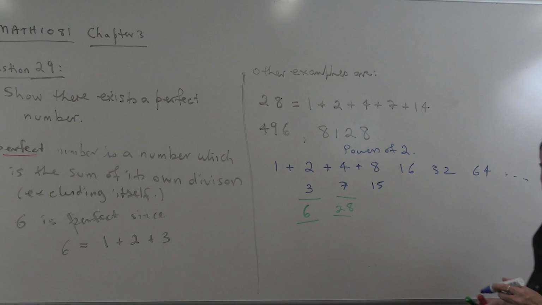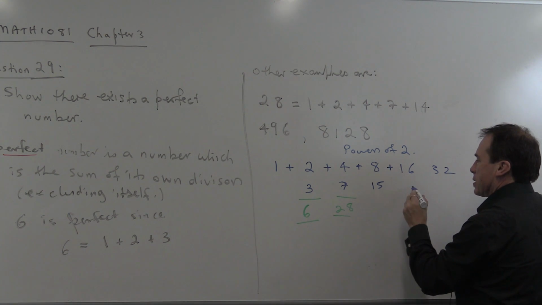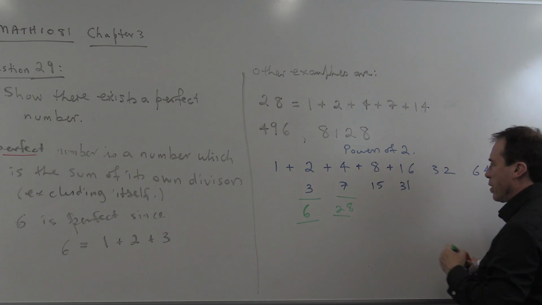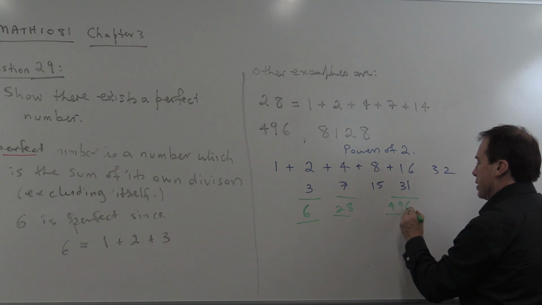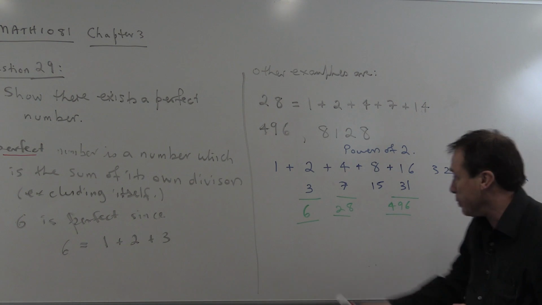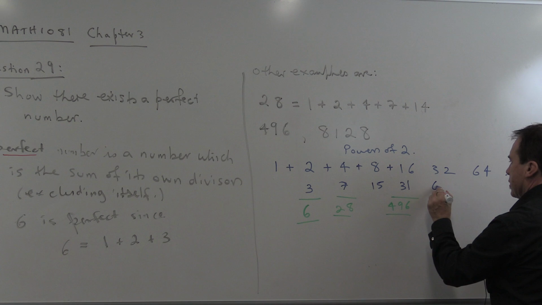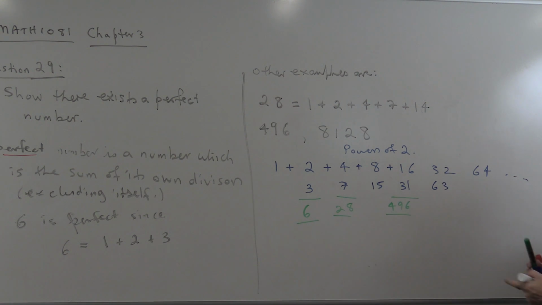Anyway, as often in maths, persevere. So let's try the next one. So 16 plus 15 is 31. And indeed, if I multiply 31 by 16, I get 496. And there's the next even perfect number. Well, you keep going. Here you get 63. Well, you multiply that by that, you get a number.